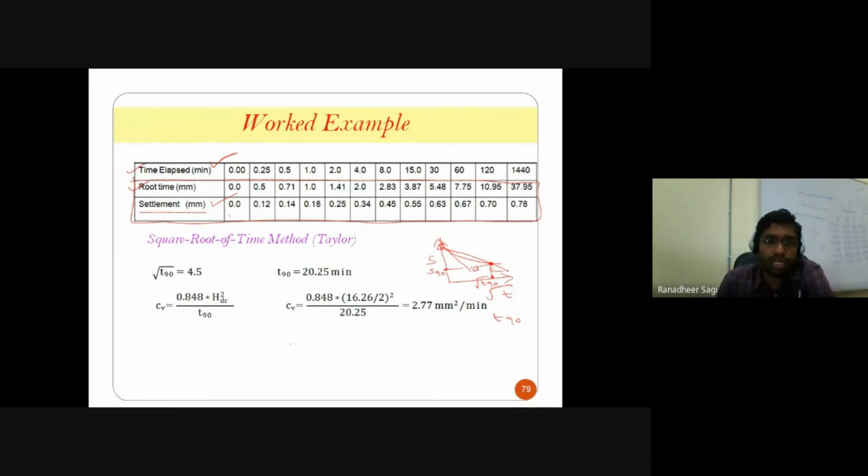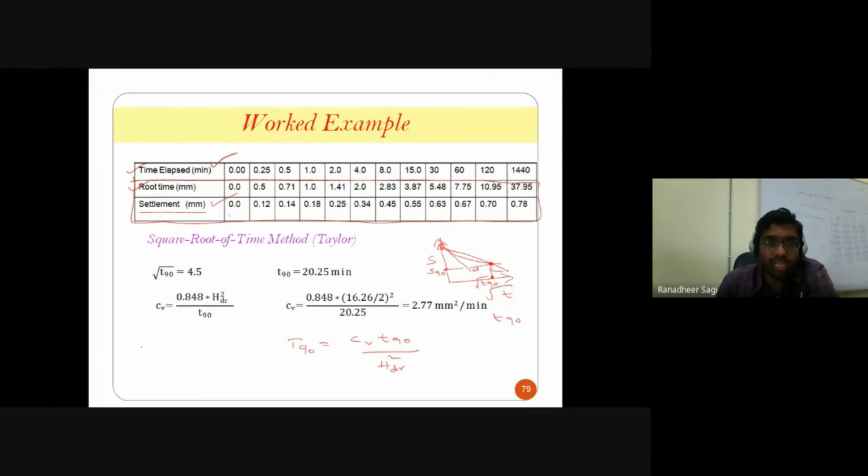And we'll go back to our basic fundamental expression, that is, the time factor corresponding to 90% degree of consolidation is equal to Cv into the time required for that 90% degree of consolidation divided by HD square. What is the height of the soil sample in which my consolidation is happening? That is very important.